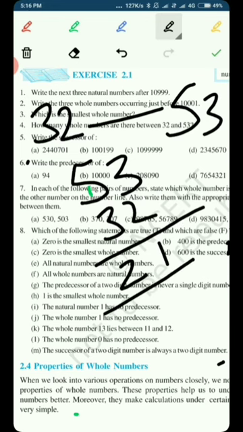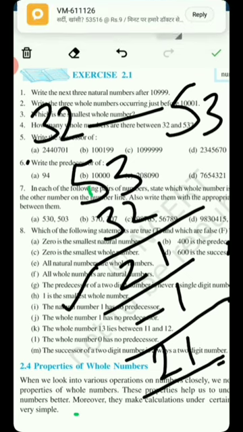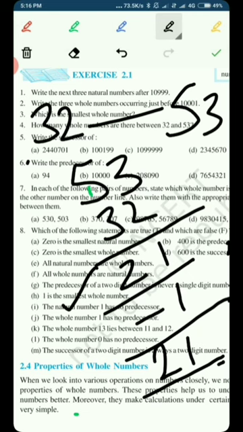So the number of whole numbers between 32 and 53 will be 1 less than the answer of subtraction. What is the answer of subtraction? 21. So the number of whole numbers between 32 and 53 will be 20. So this is the answer. 20 whole numbers are there between 32 and 53.